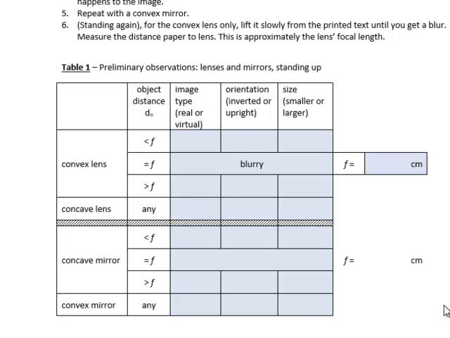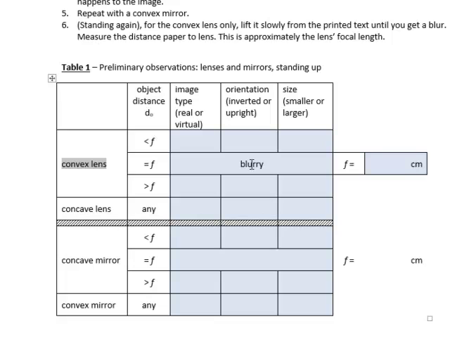You would have to stand far enough away to make the image distance large enough that you will be able to see that, for the convex lens, when you're at the focal length it becomes blurry. At that point, when the image distance is large enough, 1 over dI is virtually 0, and then you have 1 over dO equals 1 over f.